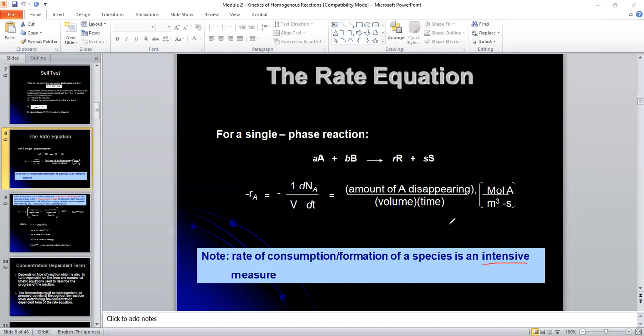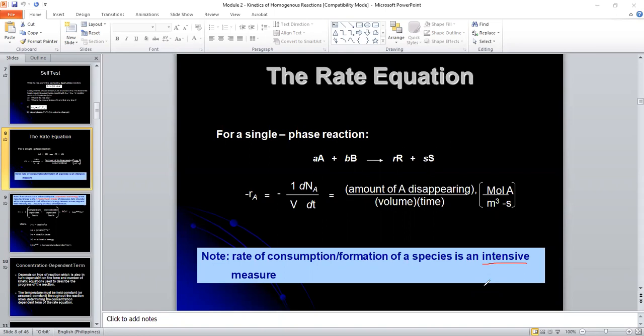Intensive. It's a fundamental concept that was discussed in Chem 1. The opposite is extensive. So when you speak of intensive property and extensive property, it's the same thing as is being referred to in here. So what do we mean when we say it's an intensive measure? It's not an extensive measure.